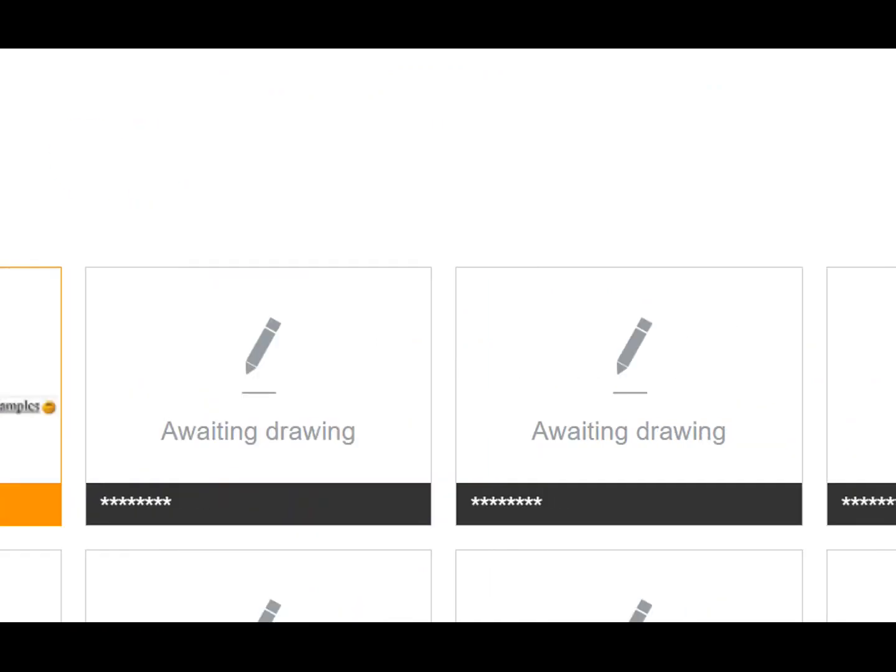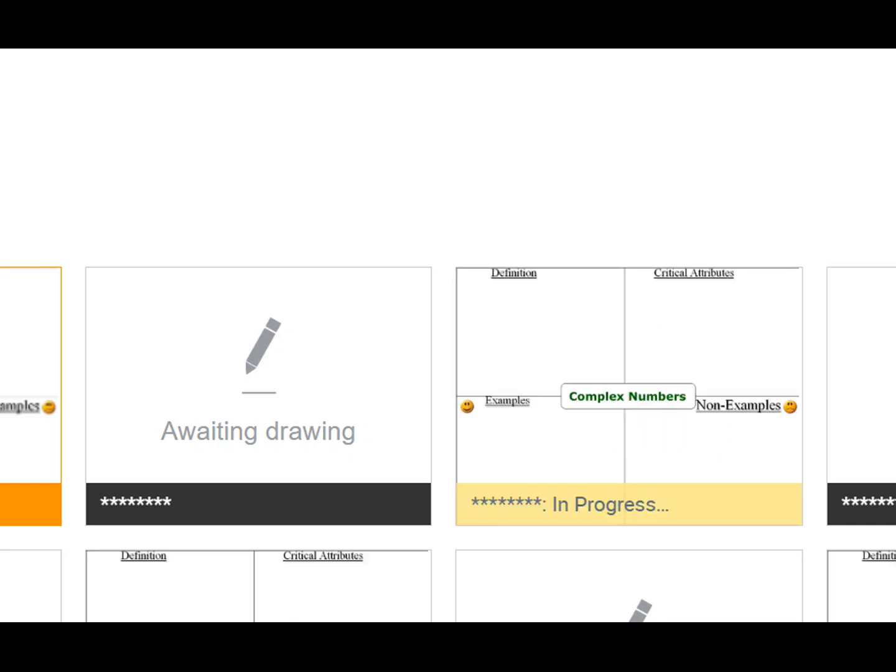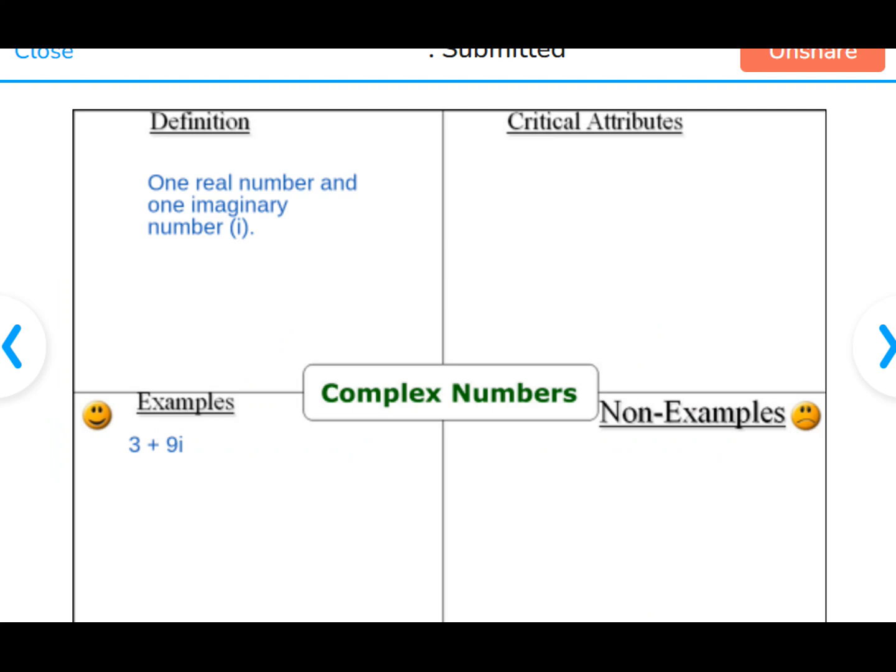On your screen, type in your definition for complex numbers and one example. 30 seconds. Go. Correct answer on your screen: one real number and one imaginary number. The example given is 3 plus 9i. All right, thank you.